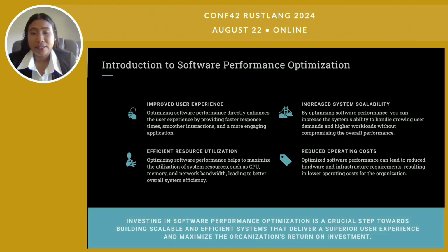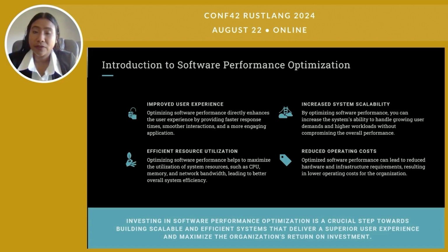Next, efficient resource utilization. If we are considering both scalability and user experience, resources will be spiked. That means we will have to enable multiple resources in the background with multiple systems, with high CPU systems, high memory systems, and top bandwidth.